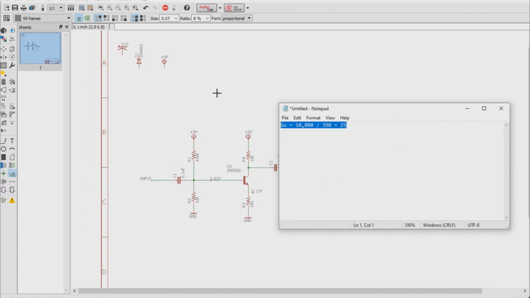So let's again do a little bit of math. 2 times pi times VR1 times C2. And what's that? That's 0.0001, and we already established that's 100K. And so that gives us a cutoff frequency of around 16 hertz.